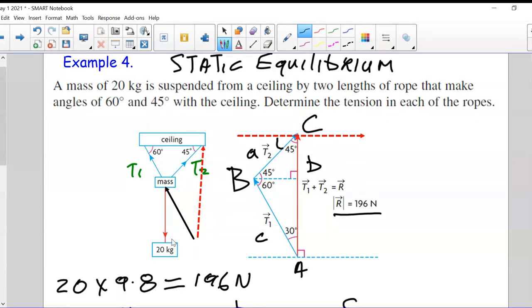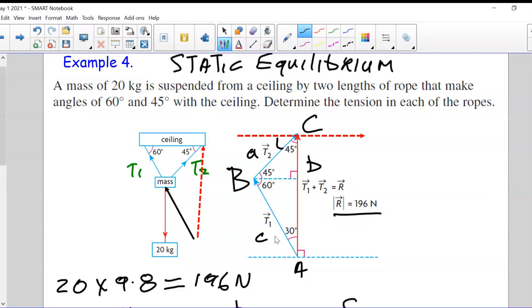The weight of 20 kilograms exerts a force of 196 newtons. So this upward pointing line must counterbalance these two other vectors. When I add them together, I'm getting this vector, which represents the counterbalancing vector for the vector that's holding the weight in place.